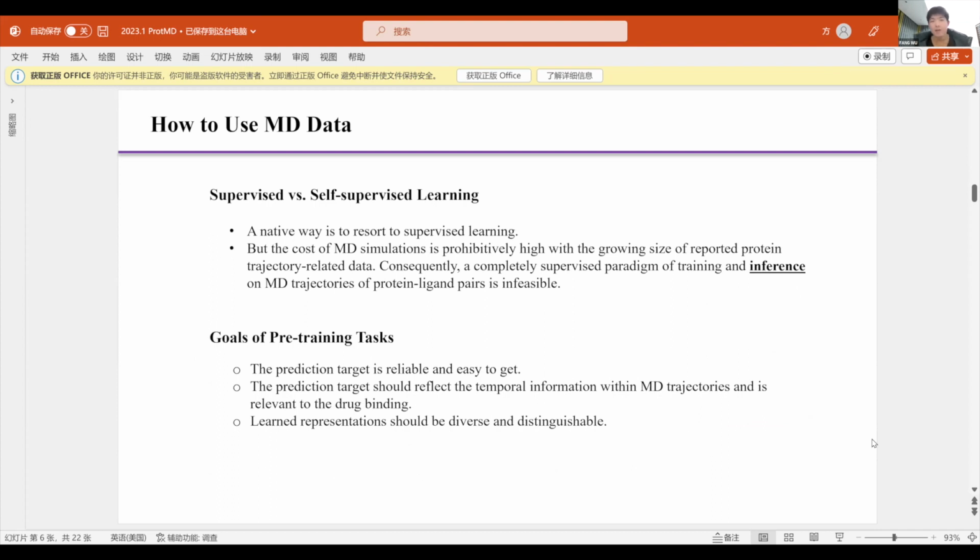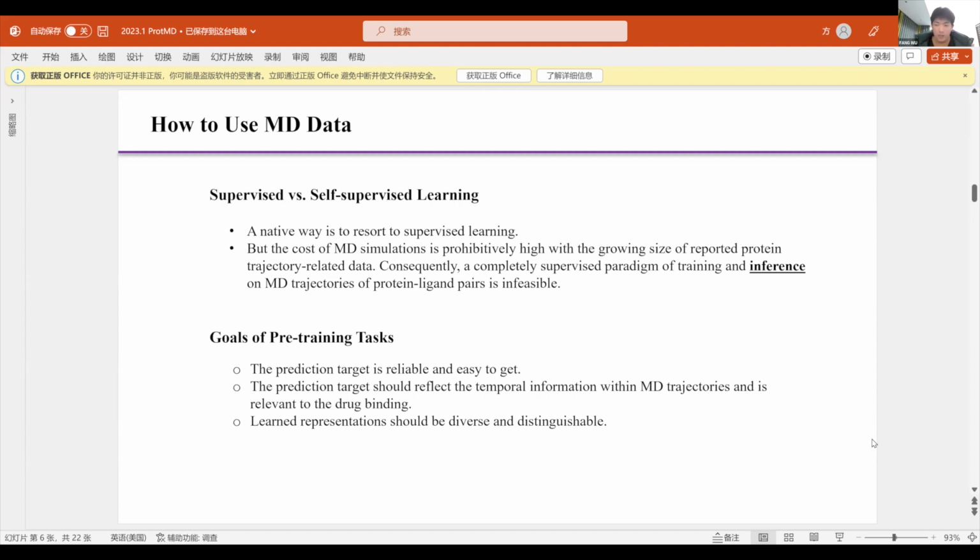So if we have the MD data, how to use it? The naive way is to use supervised learning. But if you think about that, the cost of MD simulations is prohibitively high with the growing size. As a consequence, a completely supervised paradigm of training and inference on MD trajectories is infeasible.